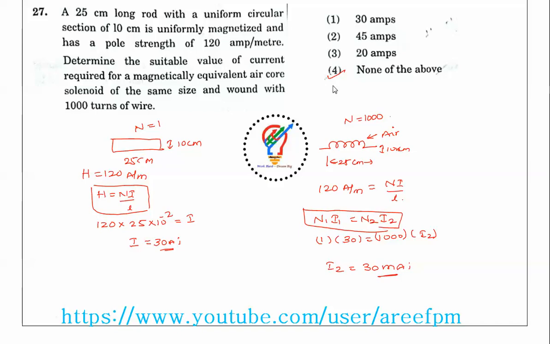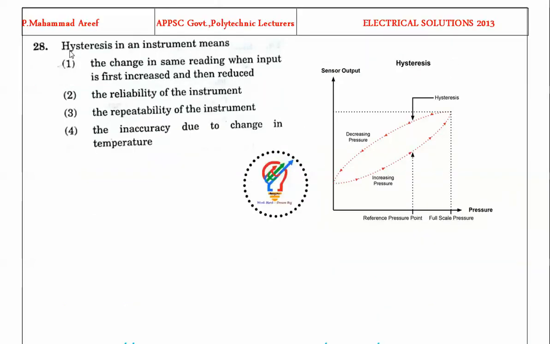Next question. Hysteresis in an instrument means the change in the same reading when the input is first increased. First we will increase the input like this and take the reading, and similarly when we decrease the input, again we will check the reading here.